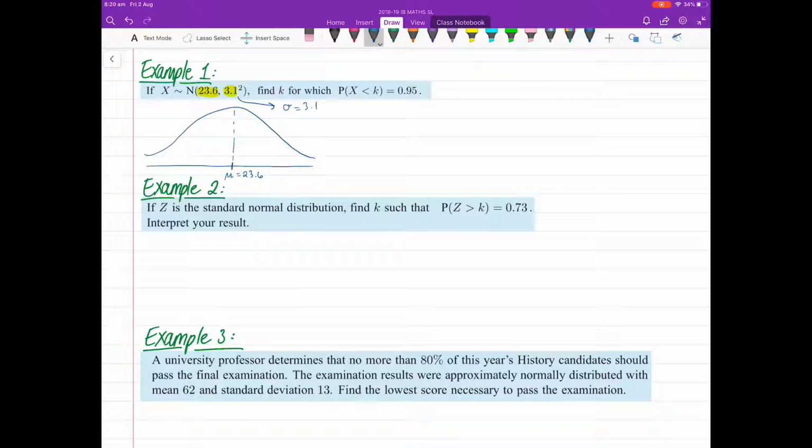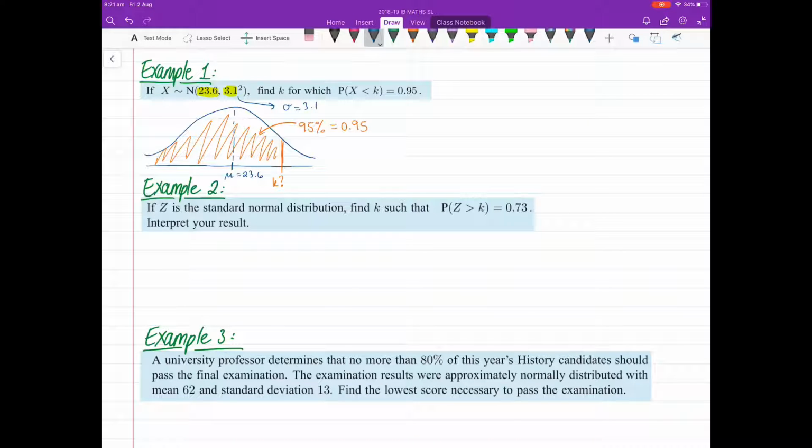But it's saying what value of K along here is going to give me 0.95. So that's a fair way along, somewhere over here. And this area under the curve there has got to be 0.95 or 95%. Does that make sense? So what's this value here? What's that K? That's what we're trying to find.